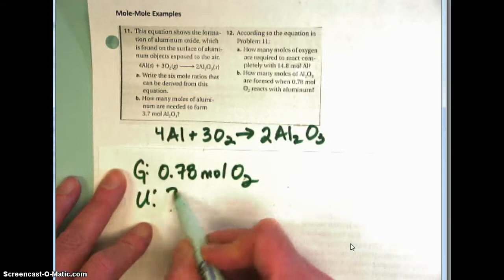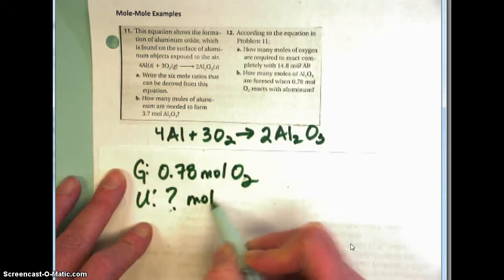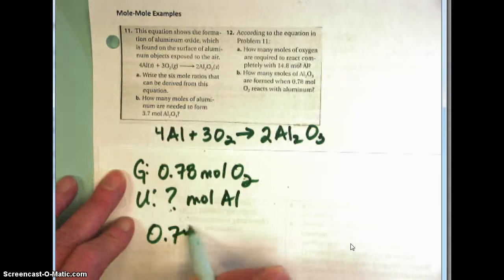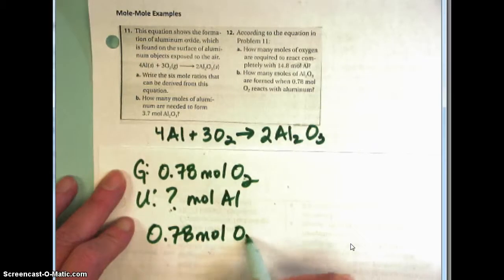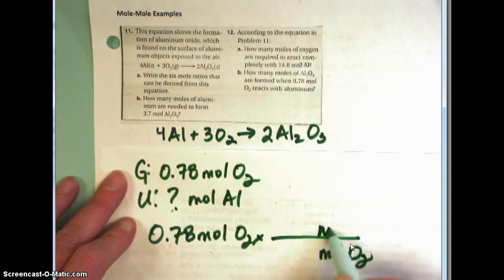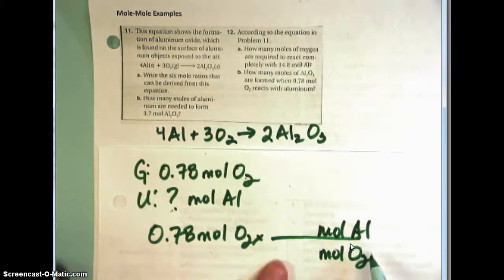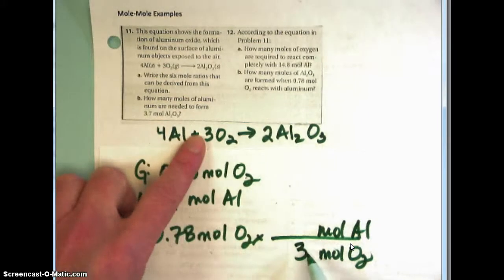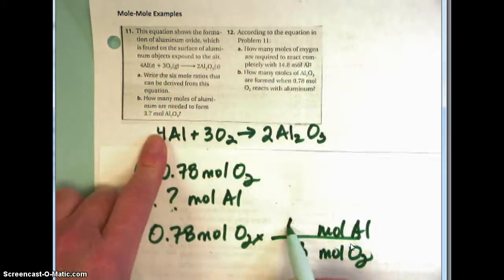The unknown is how many moles of aluminum. So we're going to start with the given, 0.78 moles of oxygen times mole of oxygen to mole of aluminum. And the moles of oxygen are going to be 3 on the bottom, and moles of aluminum are 4 on the top.